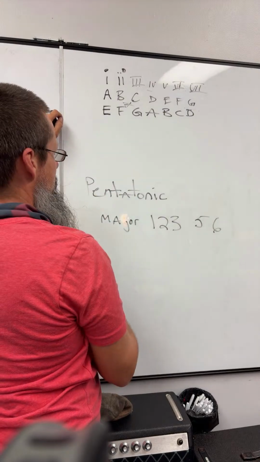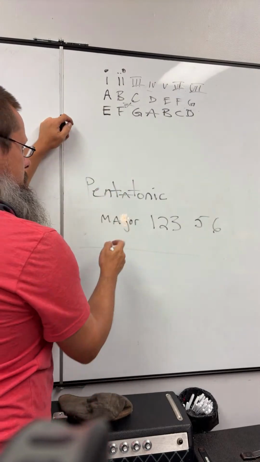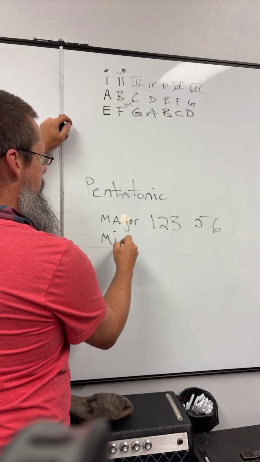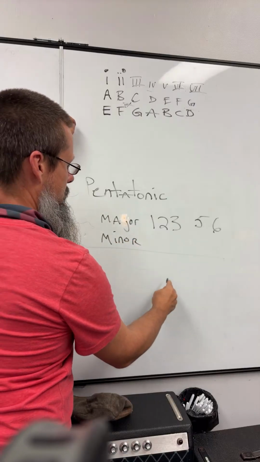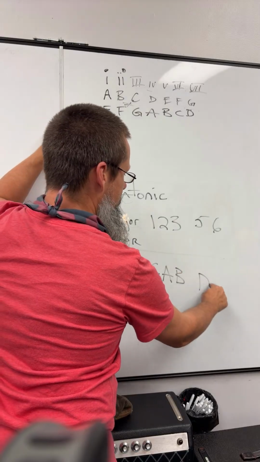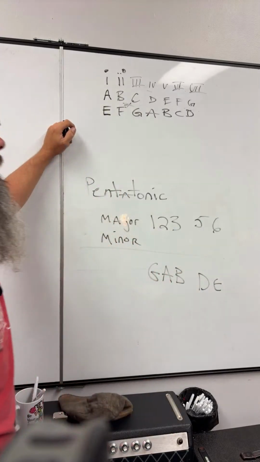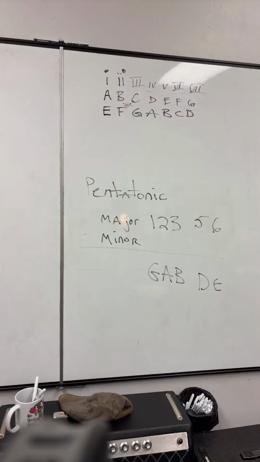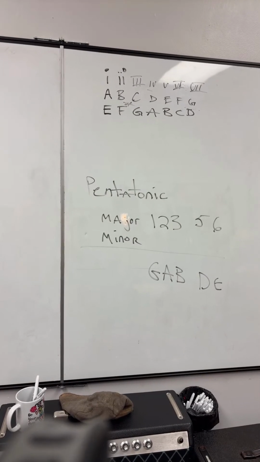In the key of G major, we would have G, A, B, D, and E. Because in the key of G major, we would get rid of our 4, we would get rid of our 7, and we would utilize the notes of 1, 2, 3, 5, and 6.